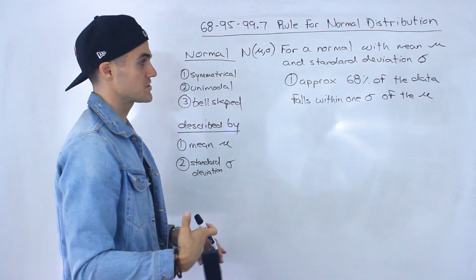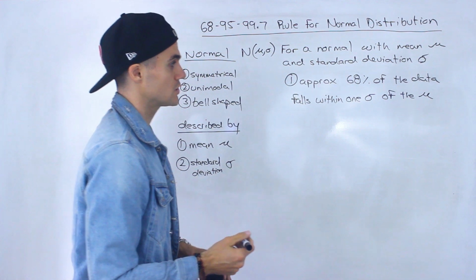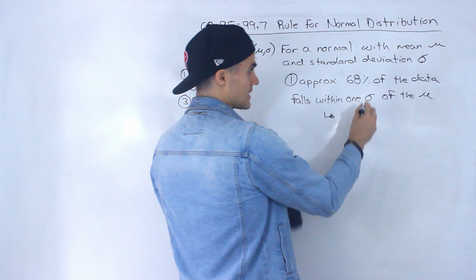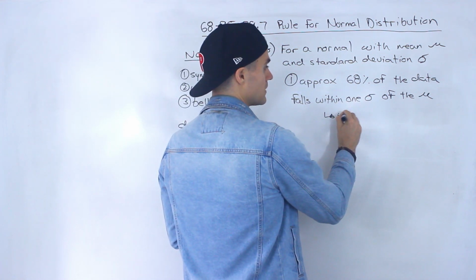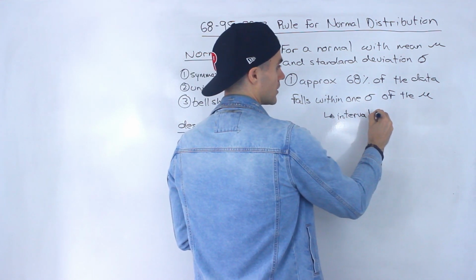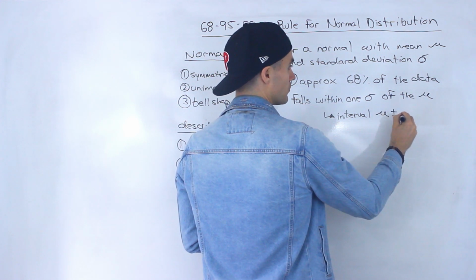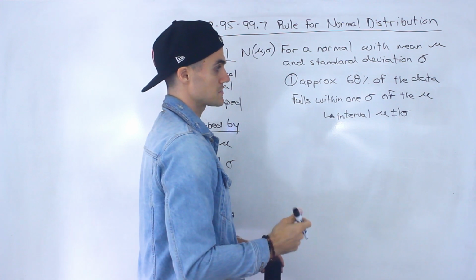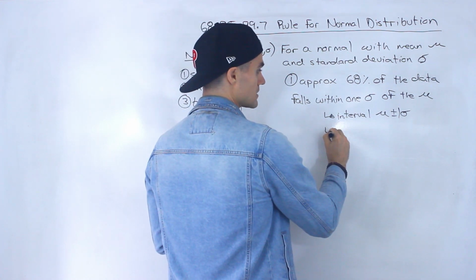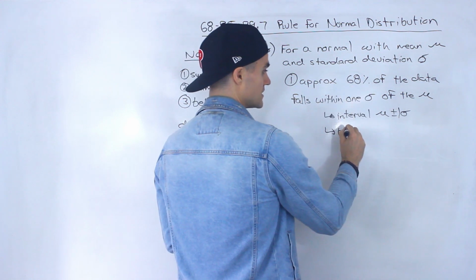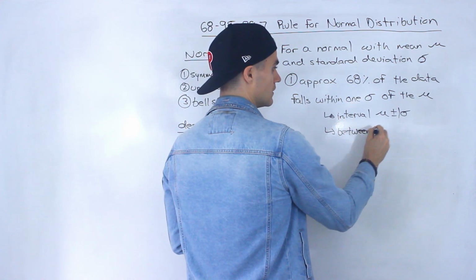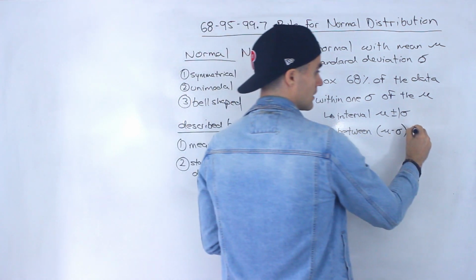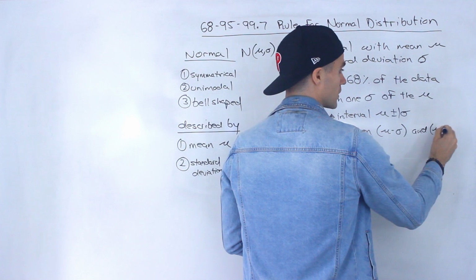Another way to say that is 68% of the data is going to be in the interval mu, the mean, plus or minus 1 times sigma, 1 times the standard deviation. Or another way to write this is that 68% of the data is going to be between mu minus sigma and mu plus sigma.